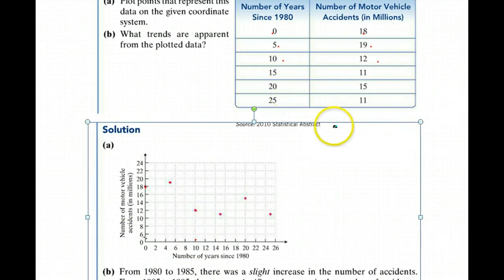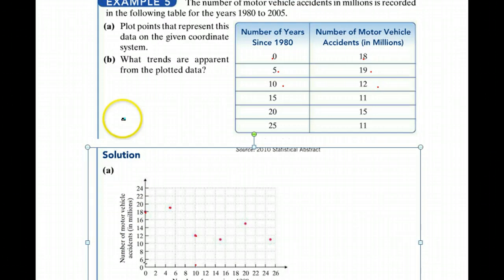Each one of these was already graphed here. So as you're analyzing this graph for part B, what trends are apparent when you're looking at the number of motor vehicle accidents over the years. Take a second and think about that.